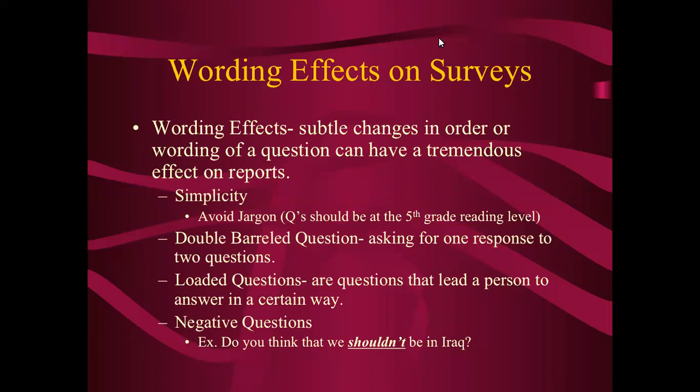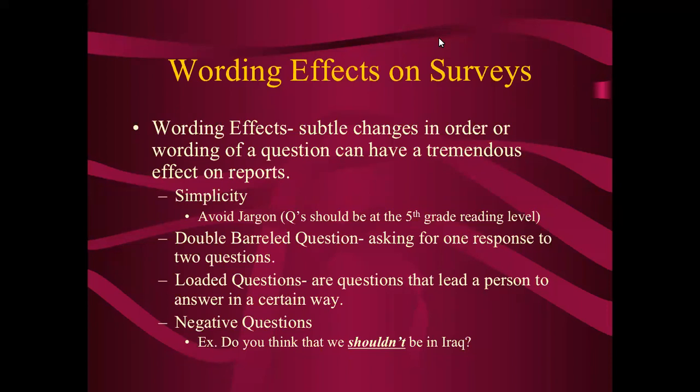Another issue is what we call negative wording. Anytime you use the word except, not, right? It negates the statement. Do you think we shouldn't be in Iraq? Yes or no? Well, you're supposed to phrase all your questions in the positive, right?